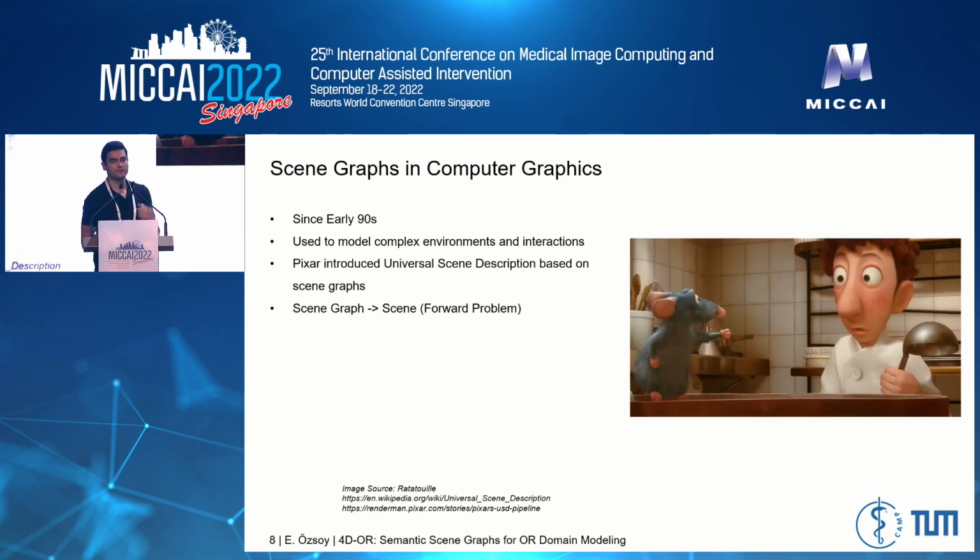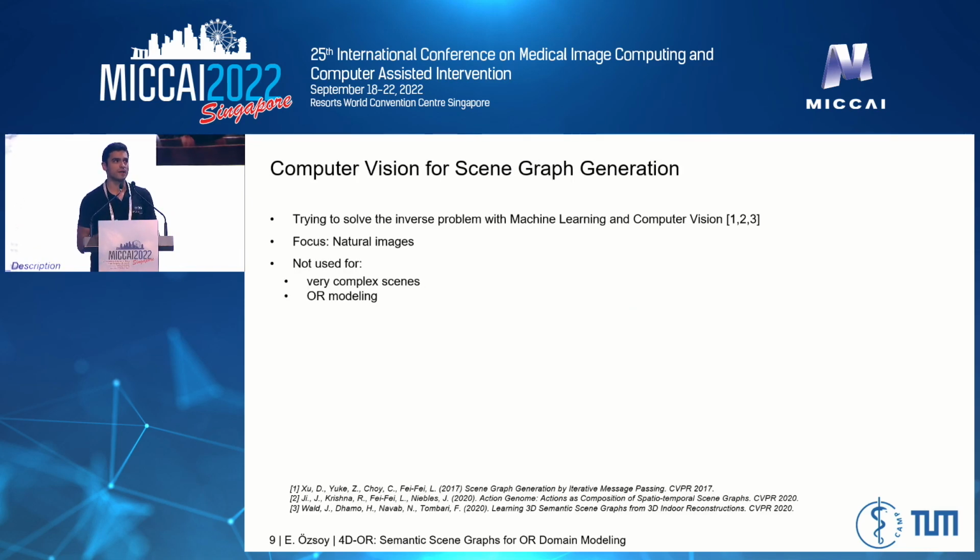And then we have the forward problem here, where we go from scene graphs to a scene. In recent years, computer vision and machine learning approaches have allowed the community to tackle the inverse problem, where we have a scene, mostly natural images, and then we go from this scene into a scene graph by using different techniques. This scene graph then captures the essence that the scene has. And this has still not really been applied for very complex scenes and also not for modeling operating rooms.